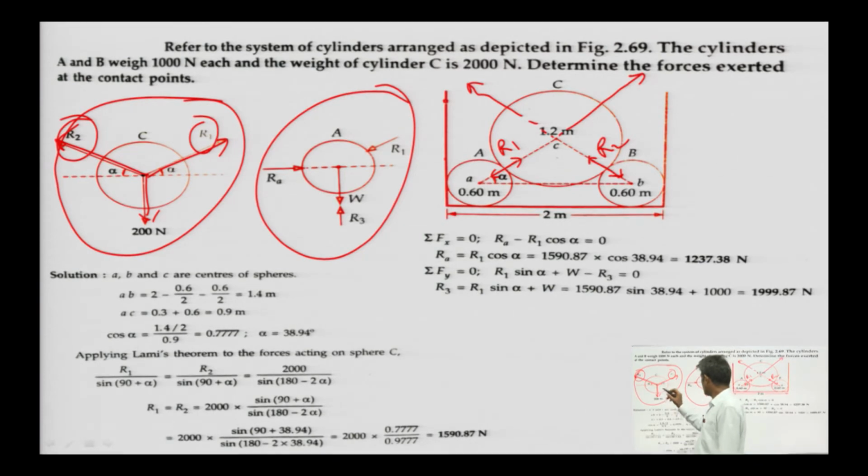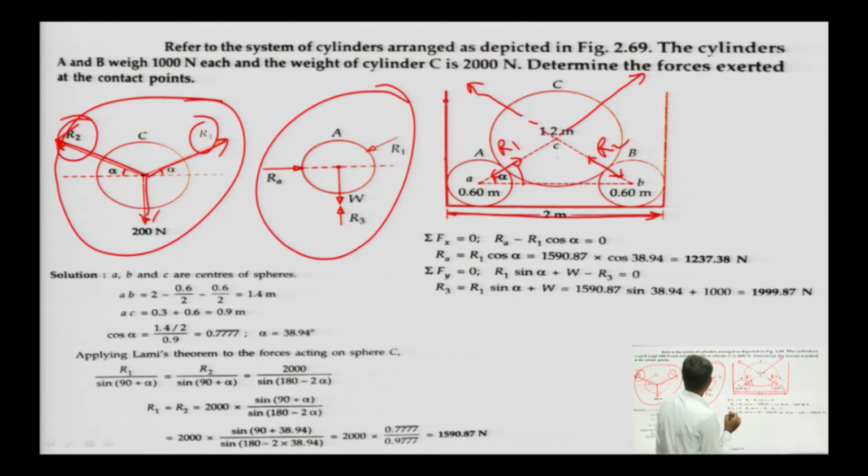First of all, we need to find the value of alpha. How can this value of alpha be calculated? It can be calculated with the geometry of the triangle. This total length is 2 meter, and 0.6 is the diameter.